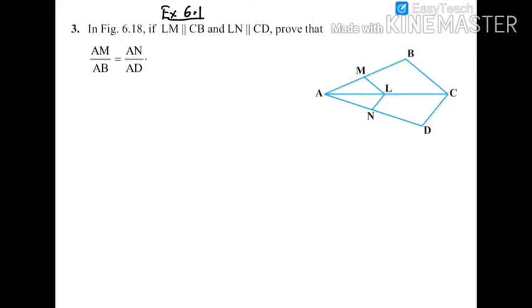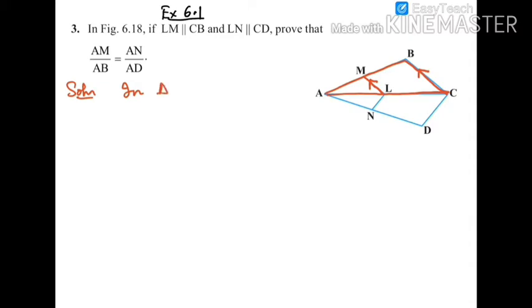So using basic proportionality theorem in triangle ABC, we have ML parallel to BC. Whenever you are using basic proportionality theorem in a figure which has many triangles, it is important to write down for which triangle it is applicable.